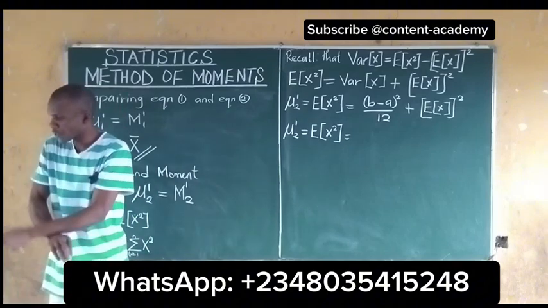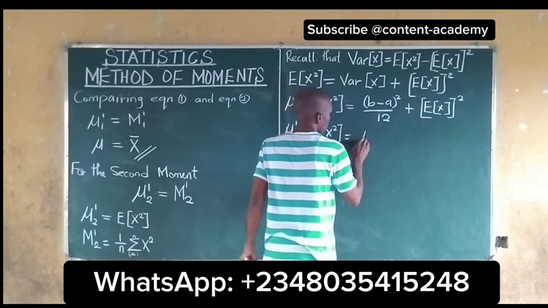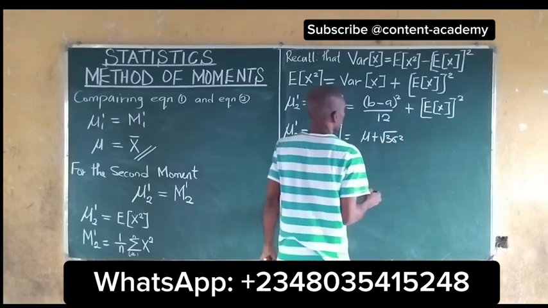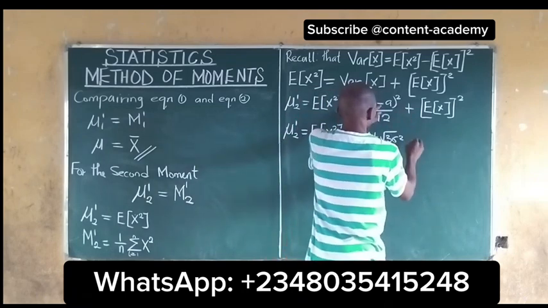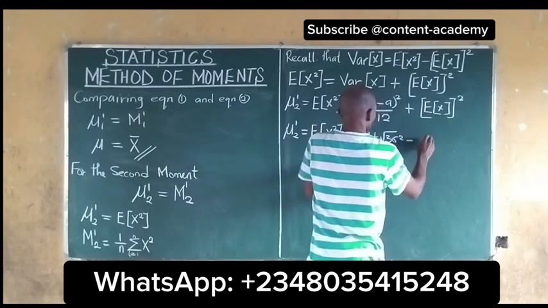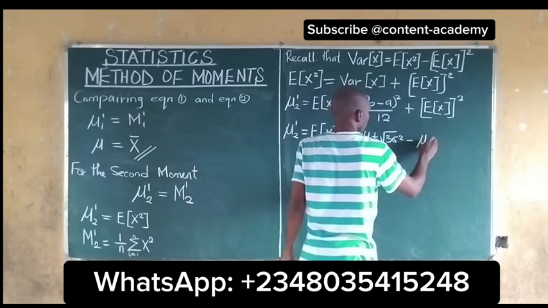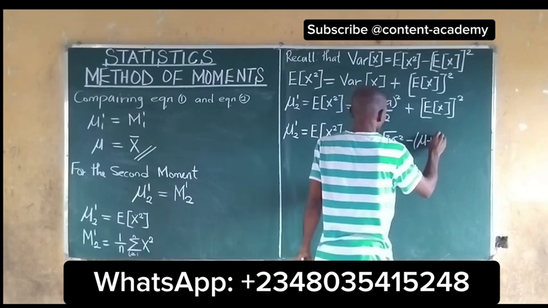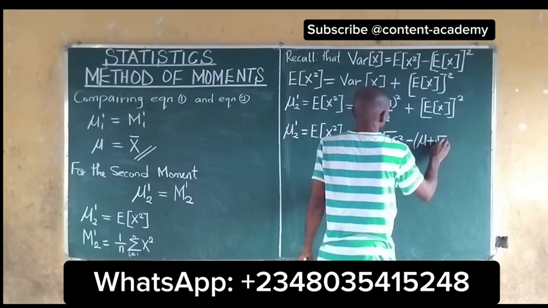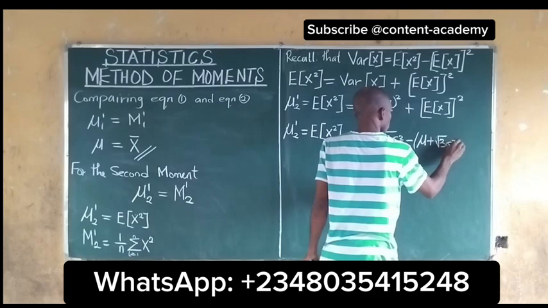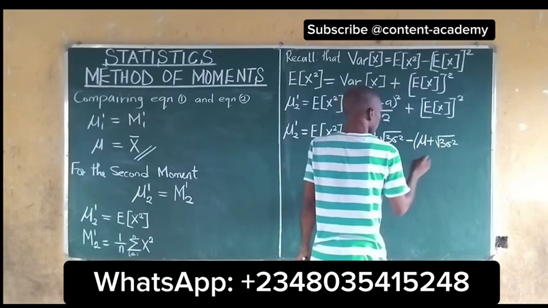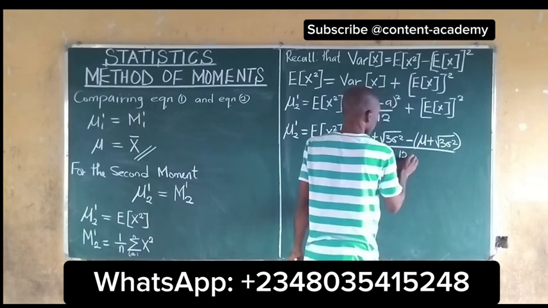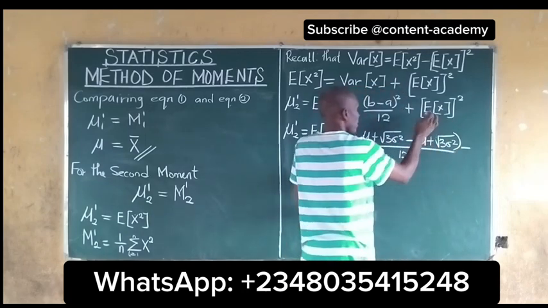Our b is mu plus square root of 3 sigma squared, and our a is mu minus, because of this sign, square root of 3 sigma squared as well, all over 12, minus what we have here, our expected value of x.